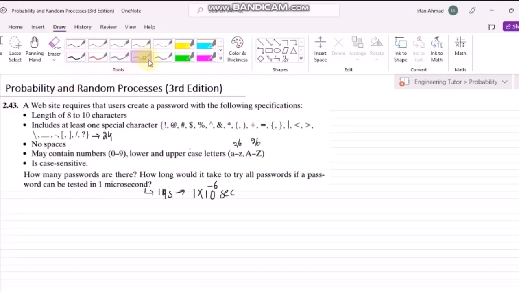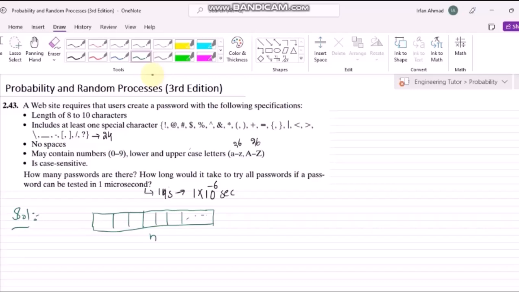So now let me use this green color for solving this question here. In solving it, basically let me consider again this block here, and it will be composed of 9 slots.